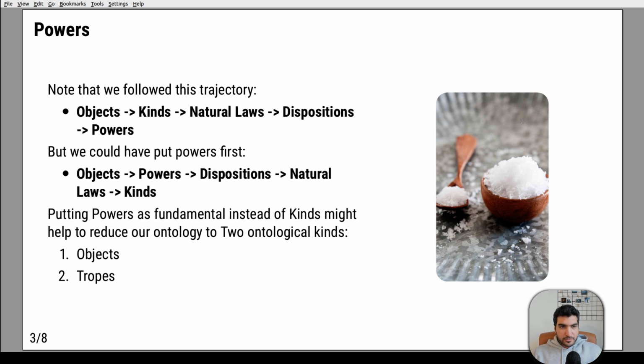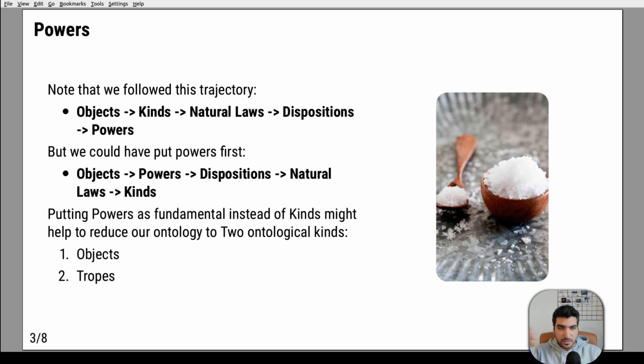So we have been following a path. We started with objects, we talked about kinds, we talked about natural laws, we talked about dispositions, and now we're defining powers based on those dispositions. But we could have inverted this whole trajectory. We could have started with objects and put powers as fundamental, and then defined dispositions based on powers, and then natural laws based on dispositions, and then different kinds of things based on the natural laws.